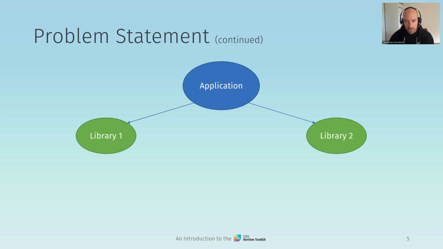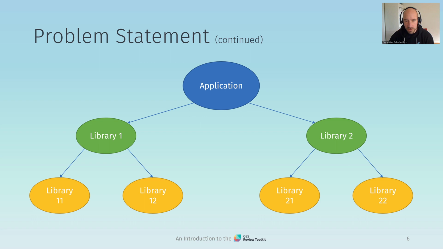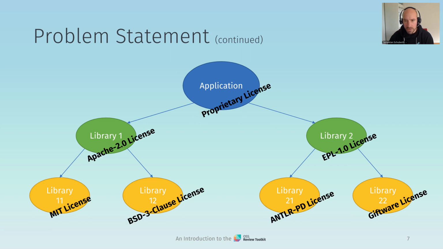But these dependencies often have further dependencies, transitive dependencies. And these days, these dependencies are highly likely to be open source dependencies. In a typical software stack, you have something like 80 to 90% of open source involved, which means you have to deal with a lot of licenses.